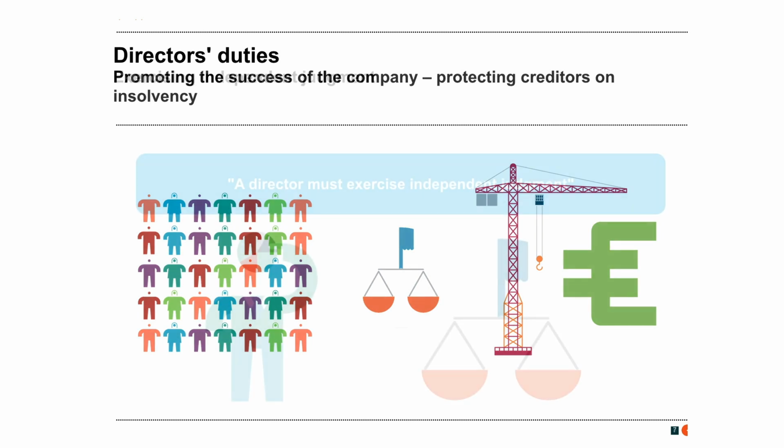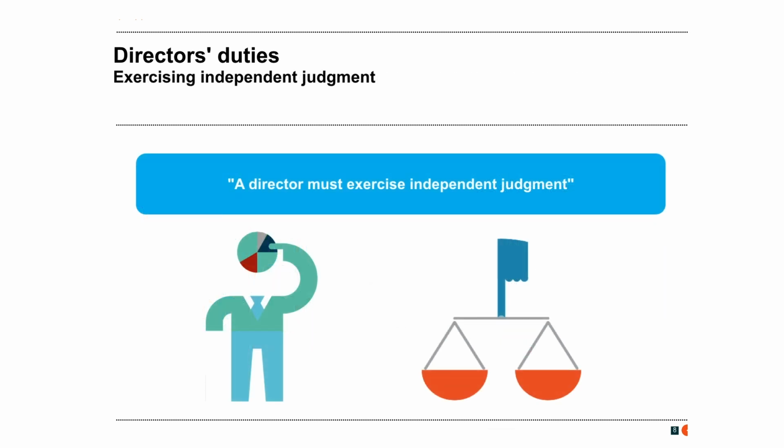The third general duty under the 2006 Act is that a director must exercise independent judgment. This doesn't mean that a director must be independent. Rather, when they are acting, they must use their own judgment and not just act as a conduit for, for example, the directions of an appointing shareholder. The duty does not prevent a director from relying on the advice or work of others, but the final judgment must be their responsibility.